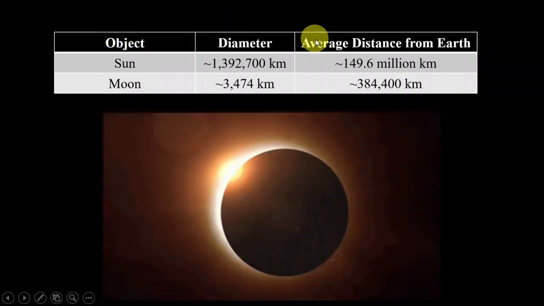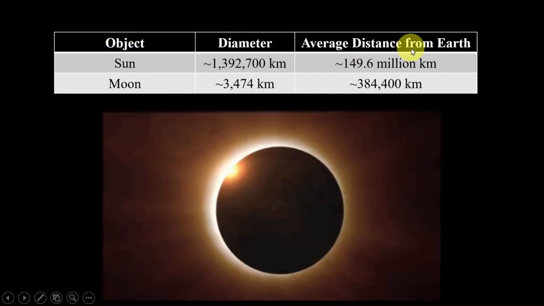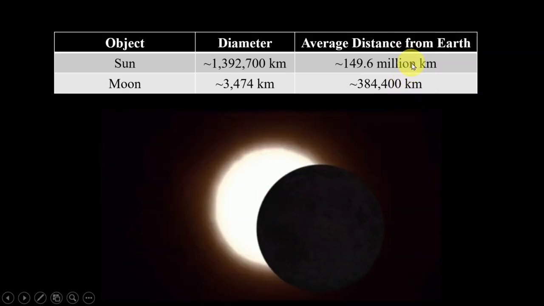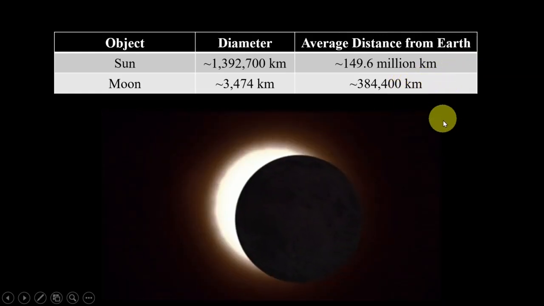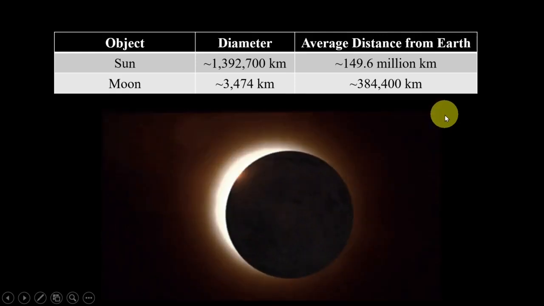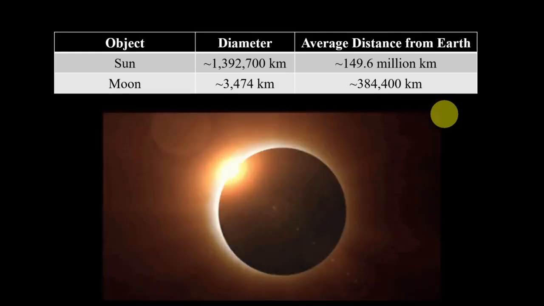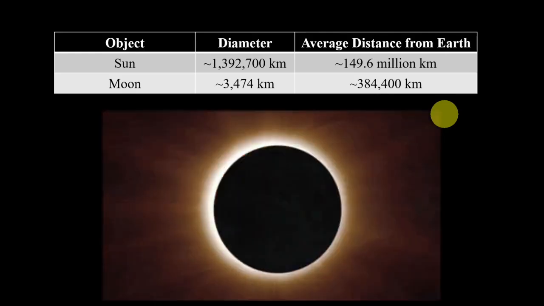And if you do the same with the average distances from Earth, the sun is about 150 million kilometers away, and the moon is about 384,400 kilometers away. If you do the division, you also get 400. So that is why.